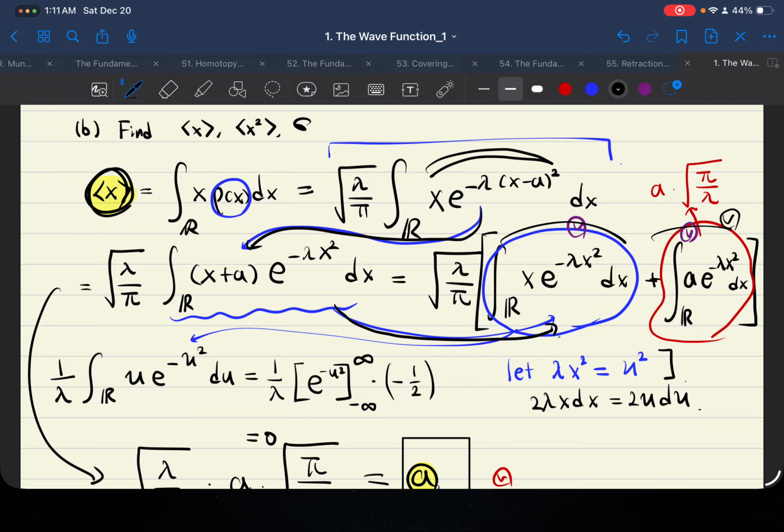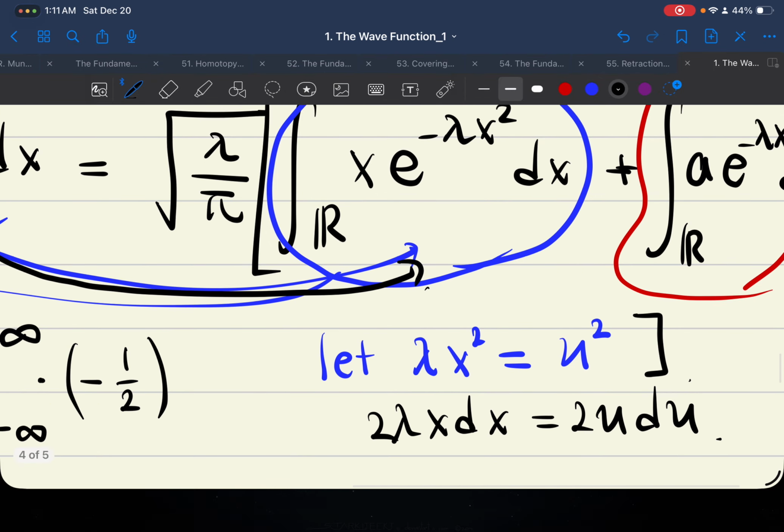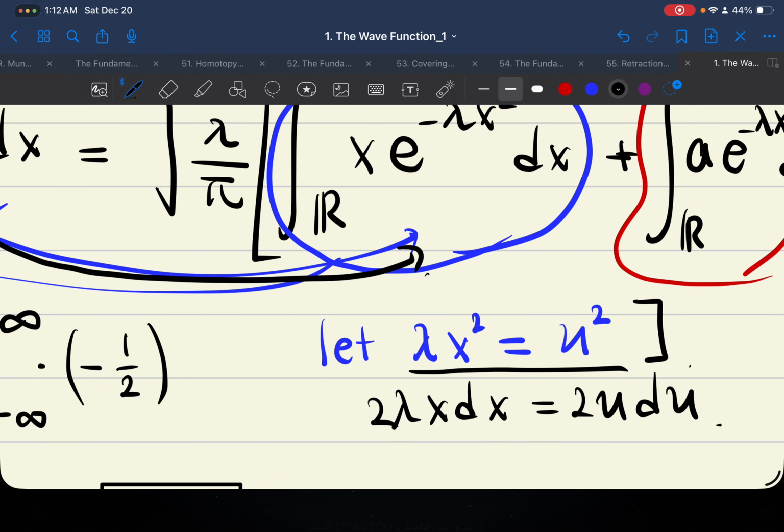The first part can be dealt with by a very simple trick in integration: just change the variable, letting lambda x squared be u squared.